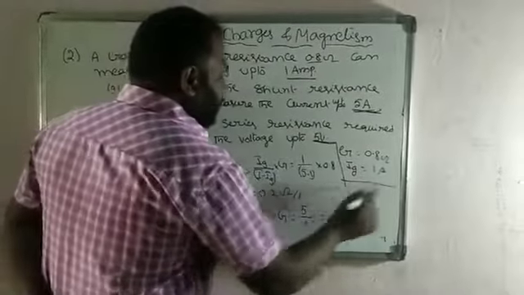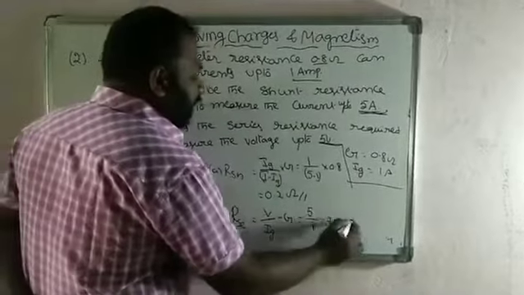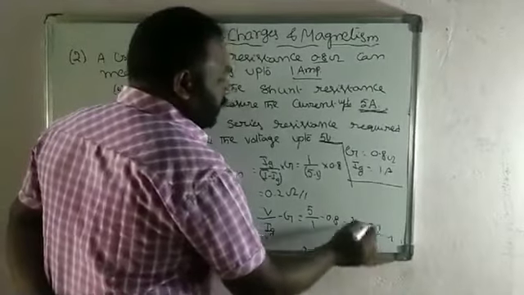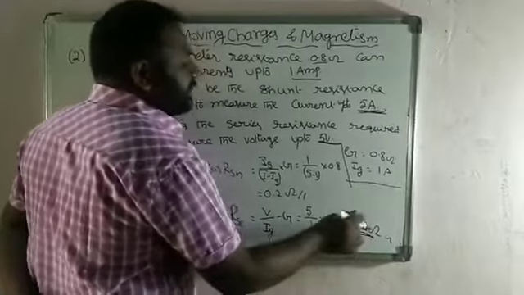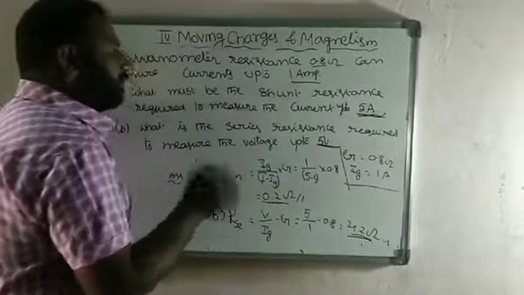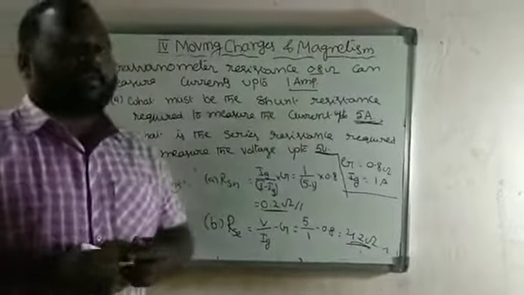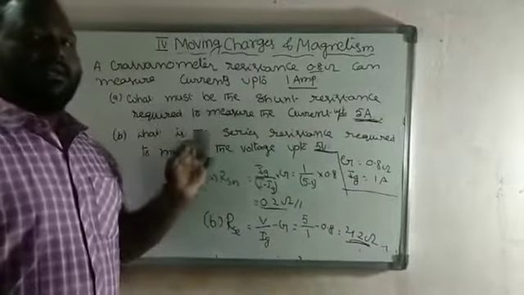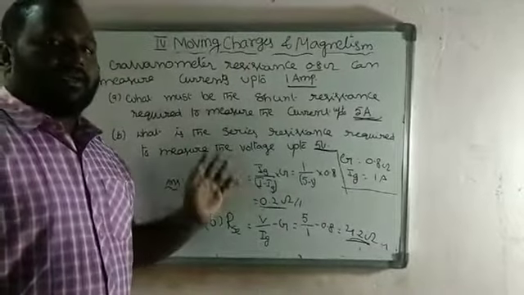That is 5 minus 0.8, which is 4.2 ohms. High resistance connected in series converts it into a voltmeter. Low resistance connected in parallel converts it into an ammeter. So these are the important problems on conversion of a galvanometer into an ammeter and voltmeter.